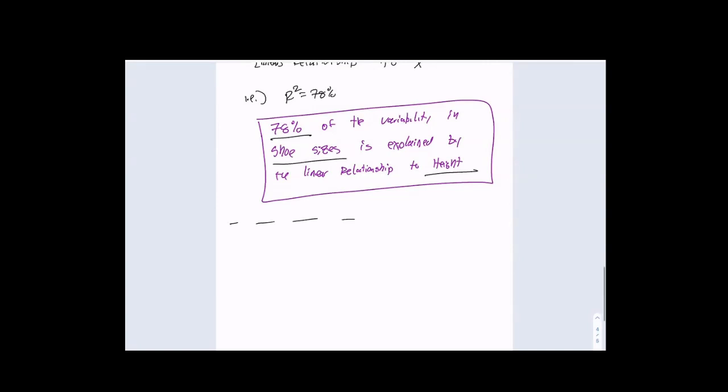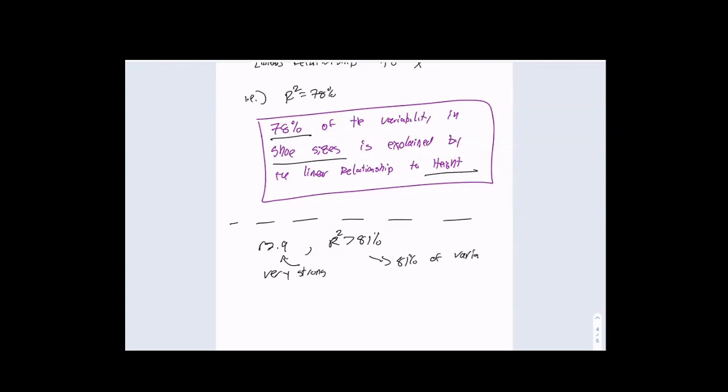So when I said if R is greater than 0.9, this is the same thing as R squared being greater than 81%. So we define this as very strong. And the reason that this is very strong is because we're saying 81% of the variability.